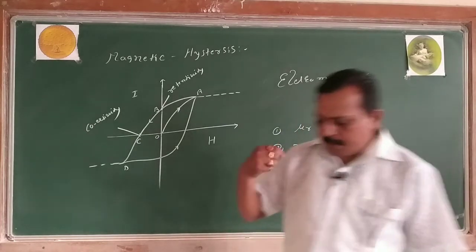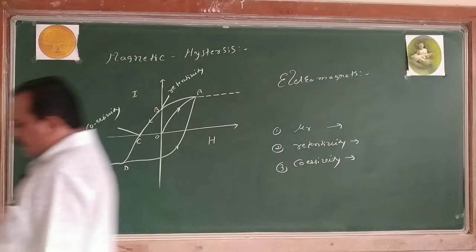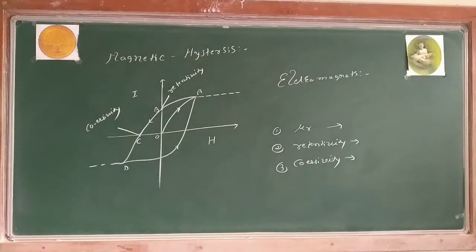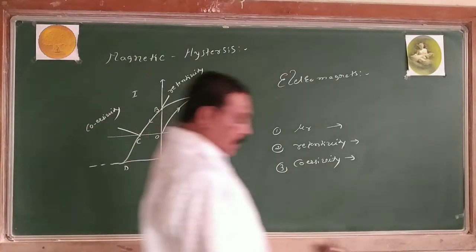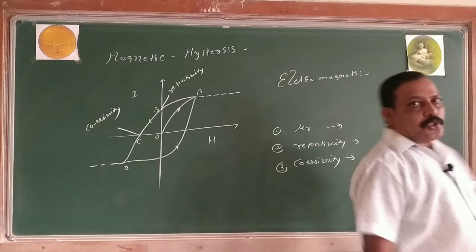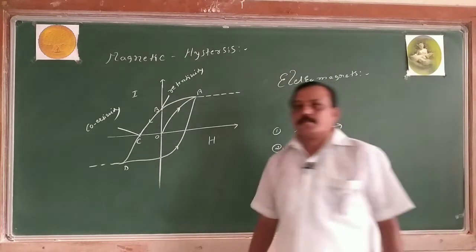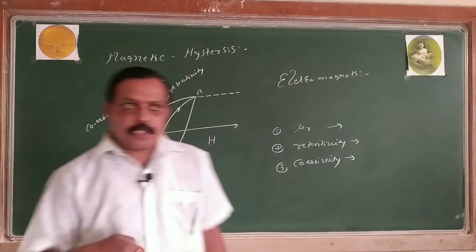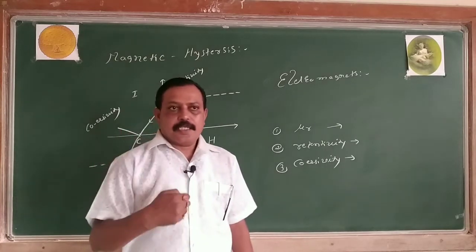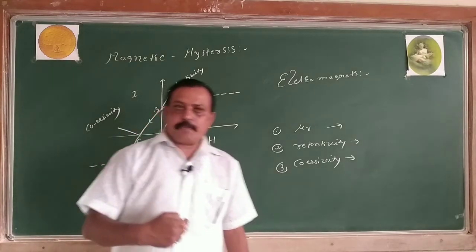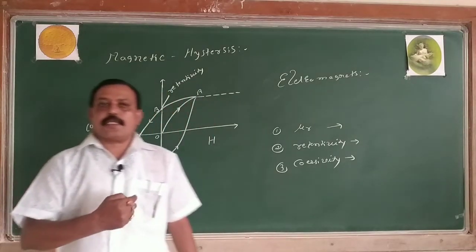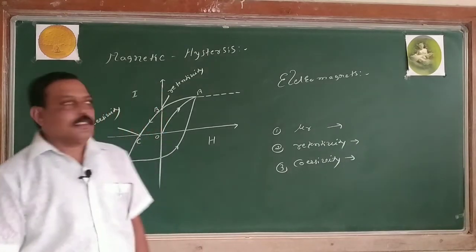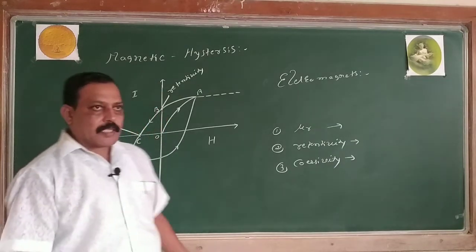When the current is stopped, they lose their magnetic properties. So how to get the electromagnet? A soft iron rod is placed in the core of what? Solenoid. If you pass the current through the solenoid, then the soft iron acts as a magnet. When you stop the current, it does not act as a magnet; it loses its magnetic property. So it is called an electromagnet.